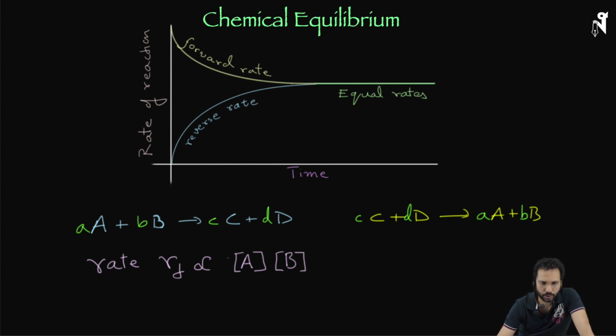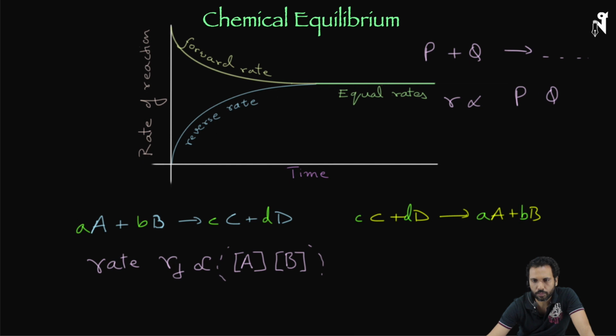So I'm going to write the function in a while. But let me ask you something. Say the reaction was P plus Q gives whatever, because what is getting formed is immaterial in getting the rate. So I'll say the rate was proportional to P times Q, the amount of P into amount of Q. If this logic is right, in fact, we are going to study the rate law.